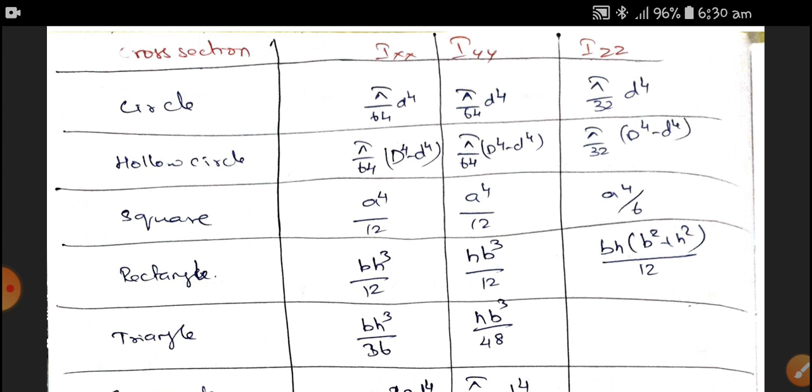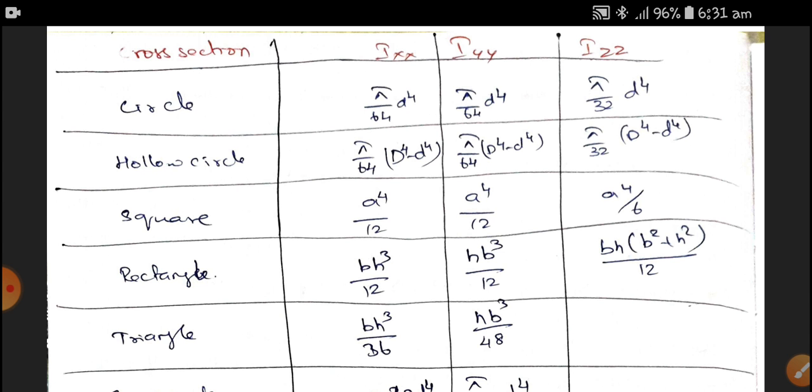For the hollow section, it is similar. Ixx is equal to Iyy, that is equal to pi by 64 times capital D power 4 minus small d power 4, where capital D is the outside diameter and small d is the inner diameter, and the polar moment of inertia is pi by 32 times capital D power 4 minus small d power 4.